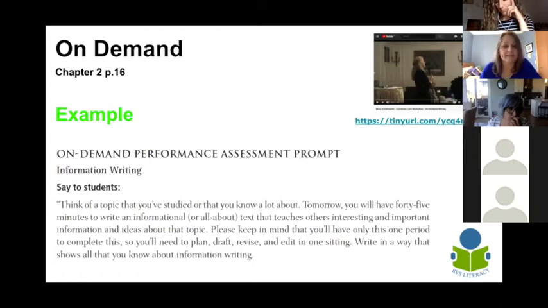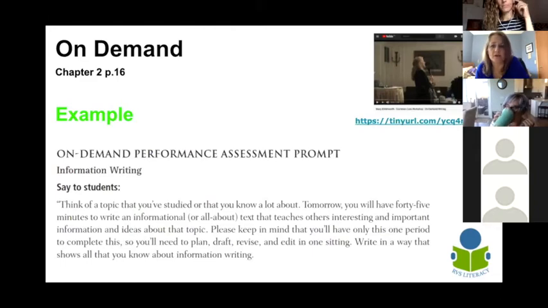Who plans before they start writing, and who just sits down and starts to free write. This is all really valuable information and can be really helpful for a teacher before we've even begun the unit in creating some small groups or small group instruction opportunities, mini lessons, those sorts of things around some of the student behaviors that they witness when they're doing the on-demand.